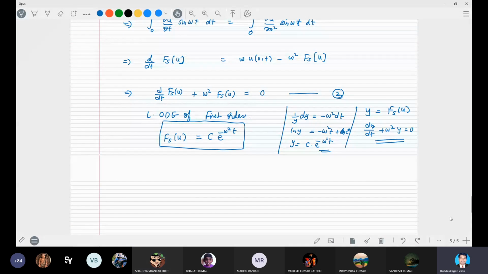Yes. That C has to be determined, right? How can we find that C? The initial and boundary value problems we have used. Right. The initial condition we can use to find the C value.